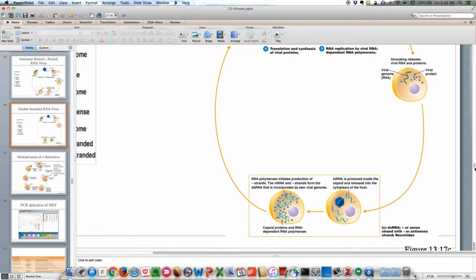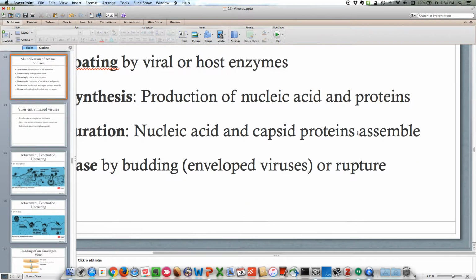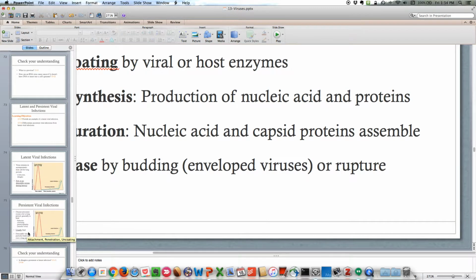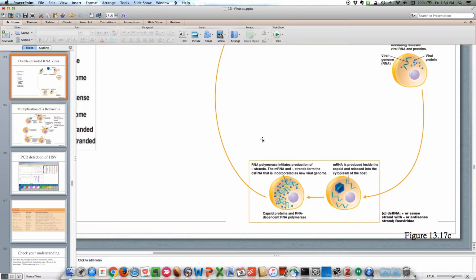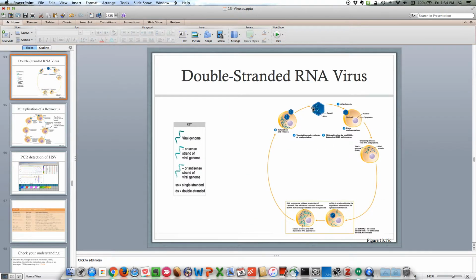And indeed, when all that stuff assembles during the maturation process, let me go back to the slide here, you can then make your mature virus particle as shown up here that again can leave the host cell by either budding or lysis.